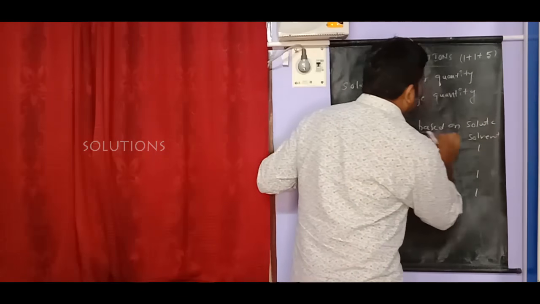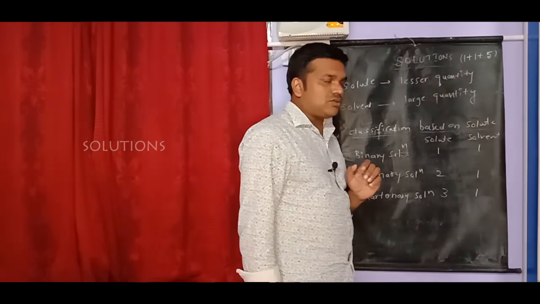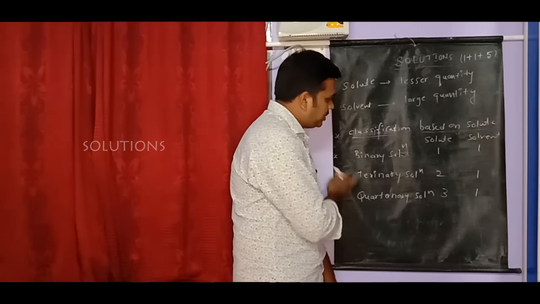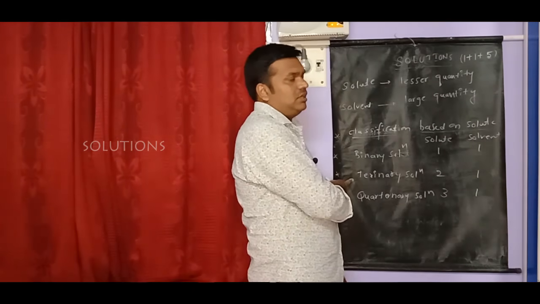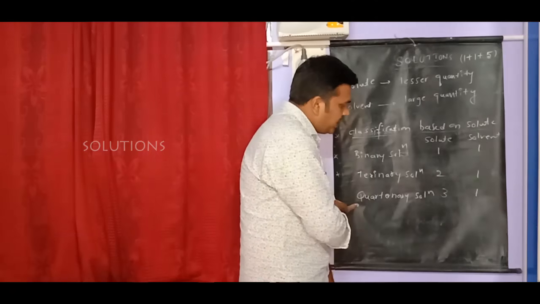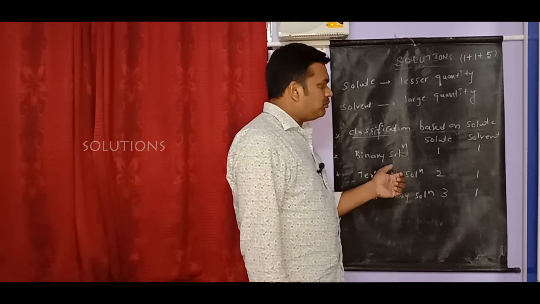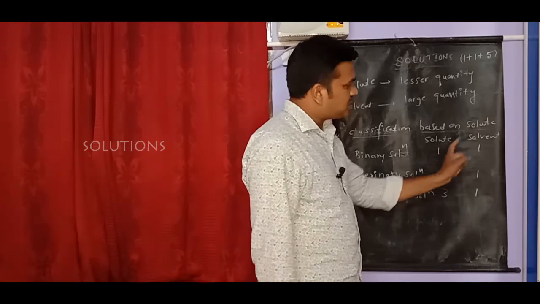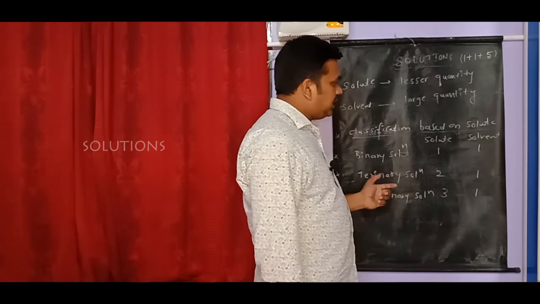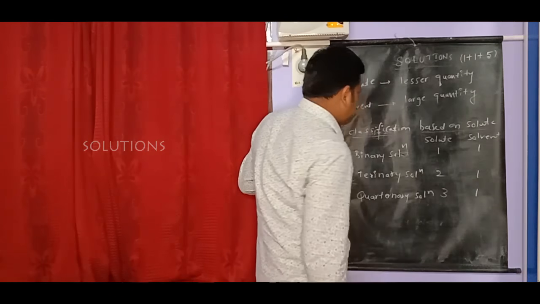Now, the classification based on the number of solutes. Based on the number of solute particles, solutions can be classified into three types: binary solution, ternary solution (also called tertiary solution), and quaternary solution. A binary solution contains a total of 2 components, one solute and one solvent. A ternary solution contains a total of 3 components, 2 solutes and 1 solvent.